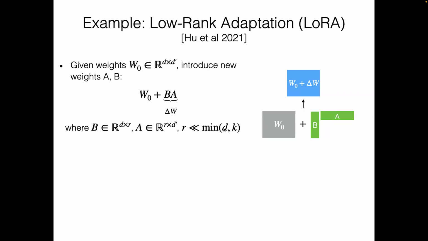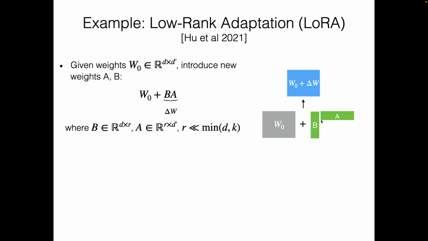But this R is much smaller, and this is the idea of low rank. So rank refers to the dimension of the column space of the matrix. And here the intuition is if you treat the matrix as performing some transformation, then the rank corresponds to the dimensionality of the output space. So it's basically saying that the matrix is representing this lower dimensional space of possible updates to the original weight.